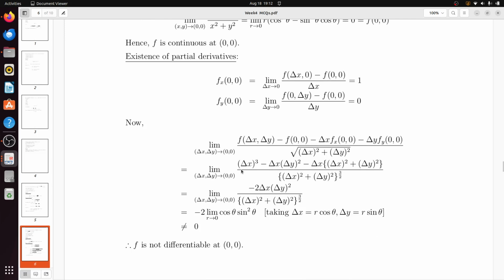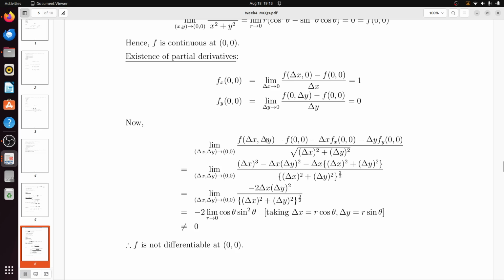The differentiability condition is that you need to show the difference between the increment and the total derivative, divided by delta rho, converges to 0, where delta rho means the square root of delta x square plus delta y whole square.